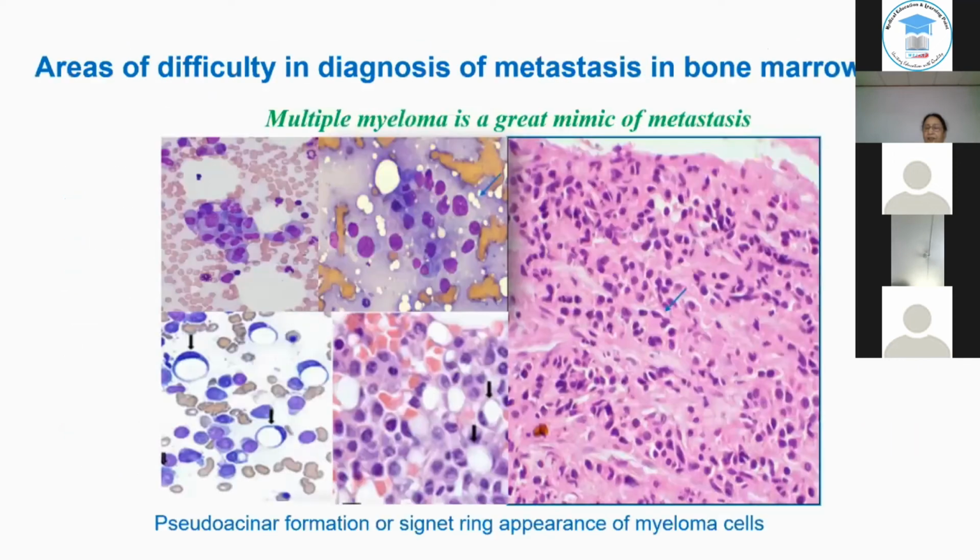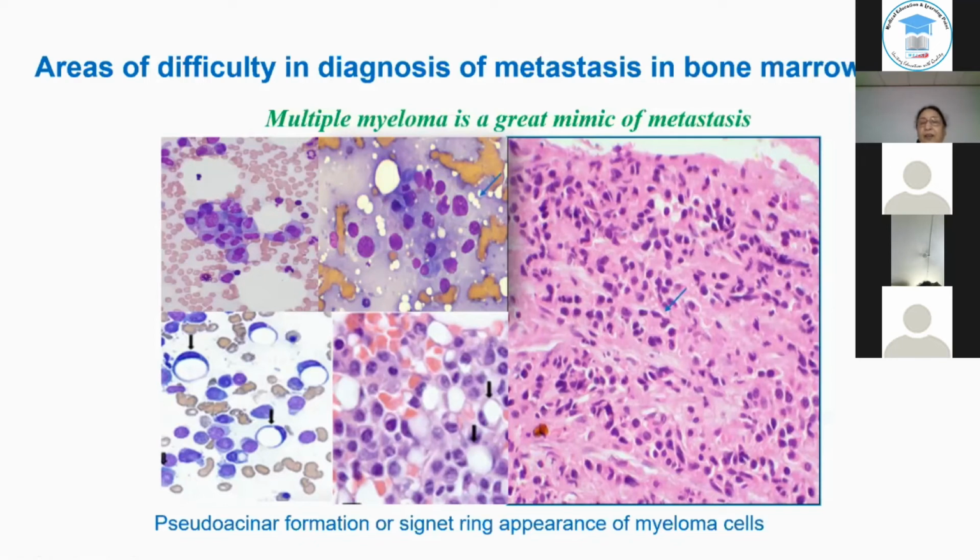One area of difficulty in diagnosis is that multiple myeloma is a great mimic of metastasis. As you can see here in the first picture, these are myeloma cells, but they are so anaplastic that they look like some metastasis. In the second picture, you can see these myeloma cells are forming a rosette, and it is resembling an adenocarcinoma.